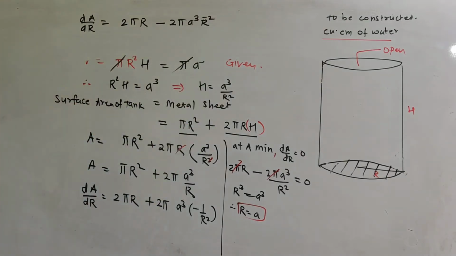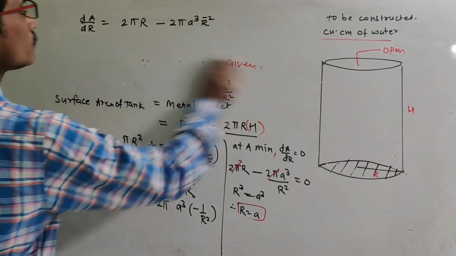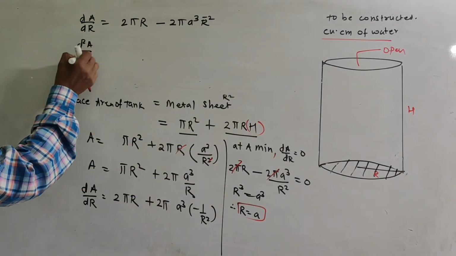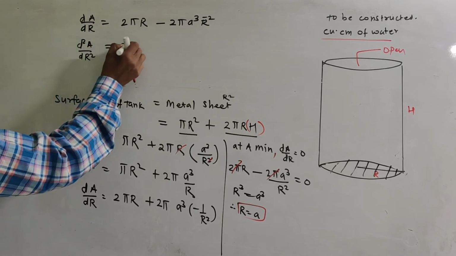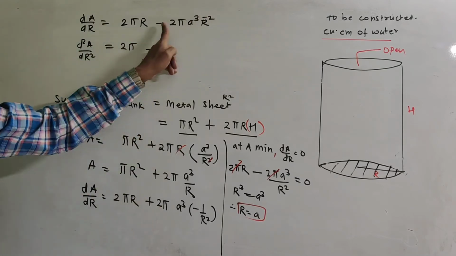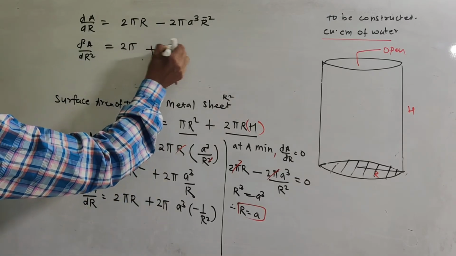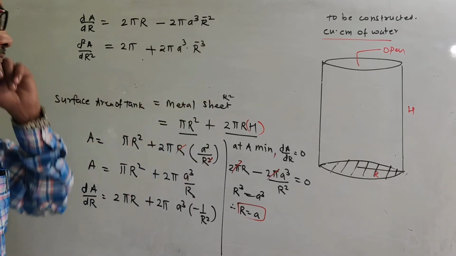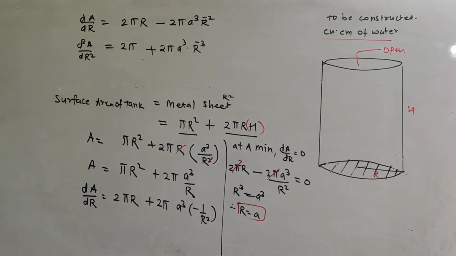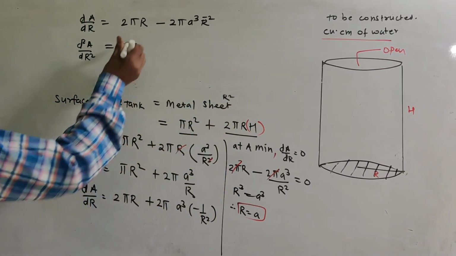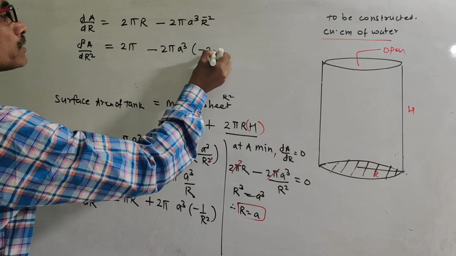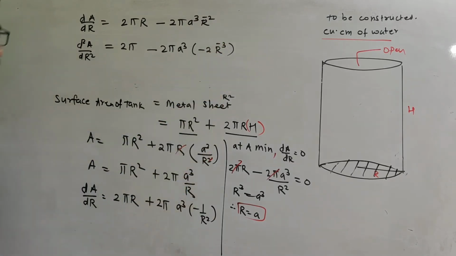So what will the second order derivative be? d square A by dr square is 2 pi, and this minus becomes plus, because the derivative of r to the power minus 2 is minus 2 r to the power minus 3.